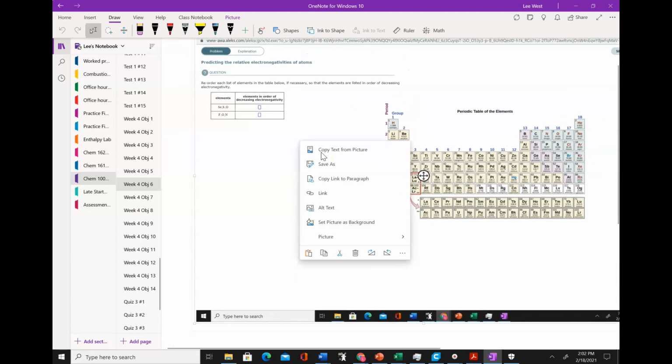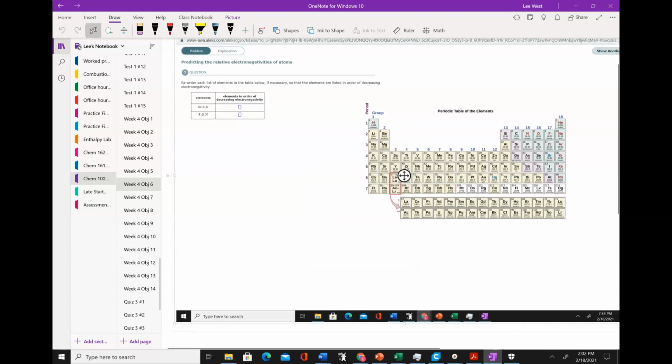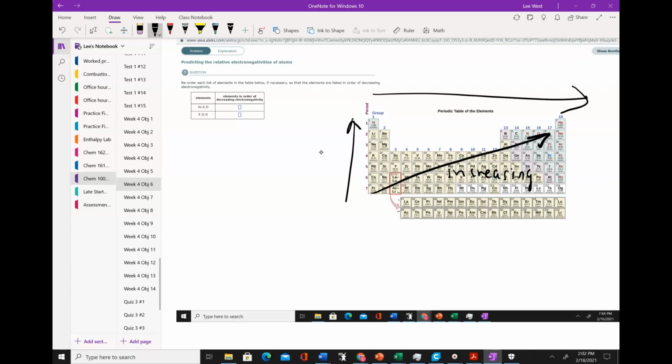Okay, so this is about periodic properties again. So it says here we're going to be predicting the relative electronegativities of atoms. So electronegativity varies from francium to fluorine. It increases. What that means is basically it gets bigger as we go up a group and it gets bigger as we head left to right.